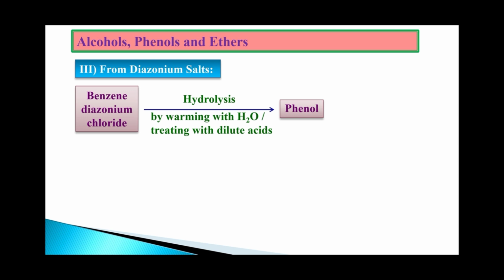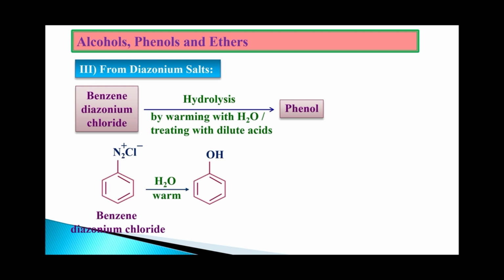When aniline is treated with NaNO2 and HCl, we get benzene diazonium salt, whose formula is C6H5N2 plus Cl minus. Let us see it in reaction form. When benzene diazonium chloride, C6H5N2 plus Cl minus, is treated with H2O and the mixture is warmed, we get phenol.